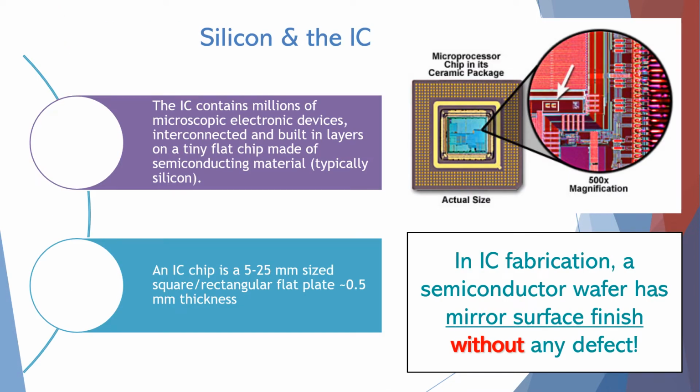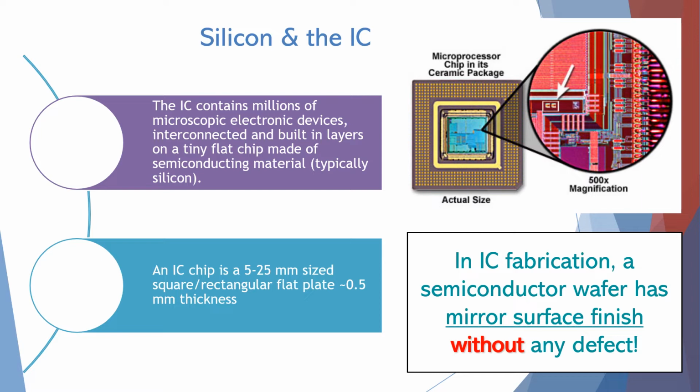In one IC, there are millions of microscopic electronic devices, like the diode, transistor, capacitor, and many more. All these devices will be interconnected and built in layers. We are going to look into this process later, one by one.